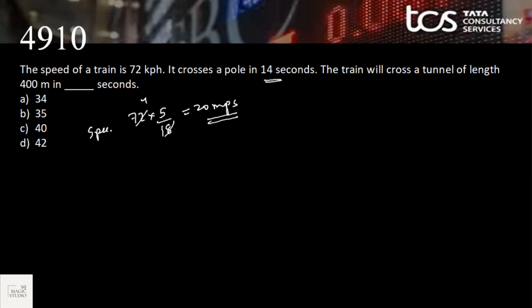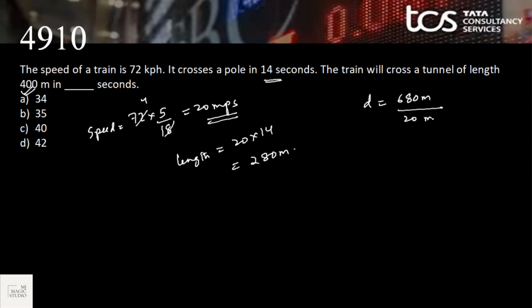Speed of the train is 20 meter per second. It crosses the pole in 14 seconds. That means length of the train is 20 into 14, that is 280 meters. The train will cross a tunnel of length 400 meters. So to cross the tunnel, distance to be traveled by the train would be 400 plus 280, that is 680 meter.